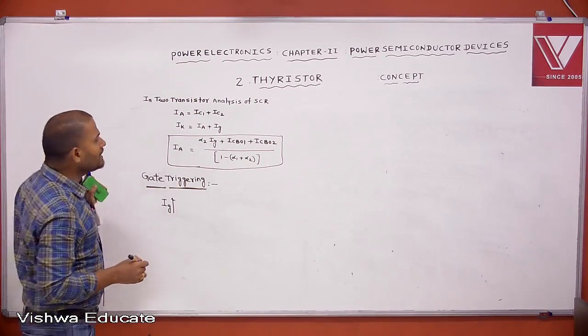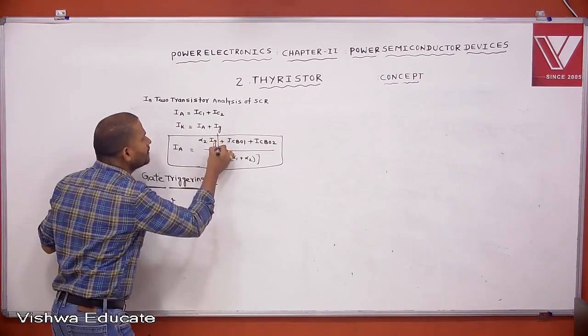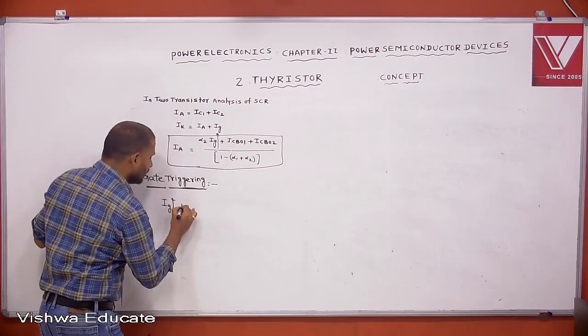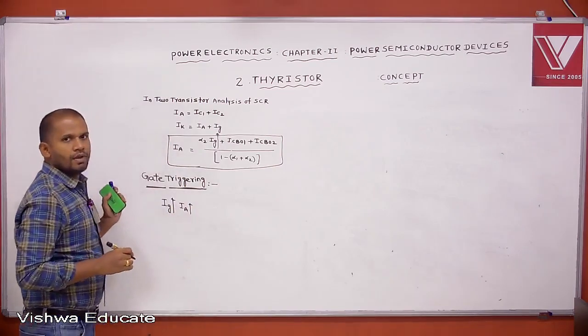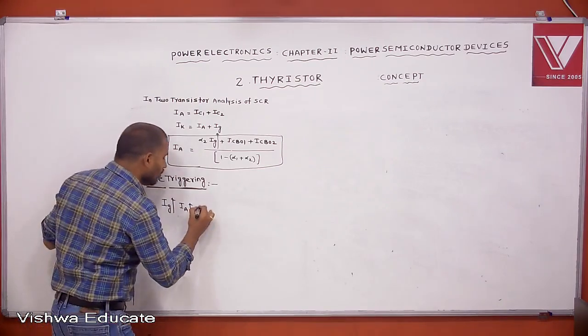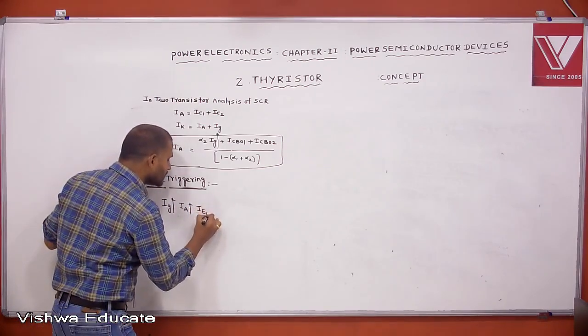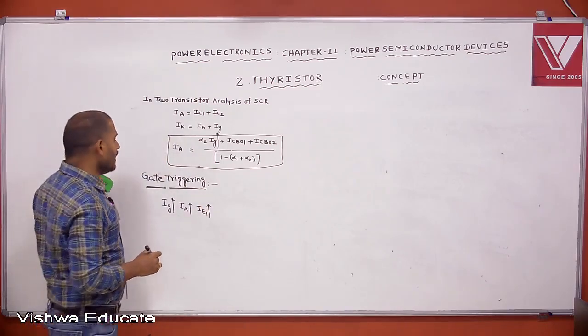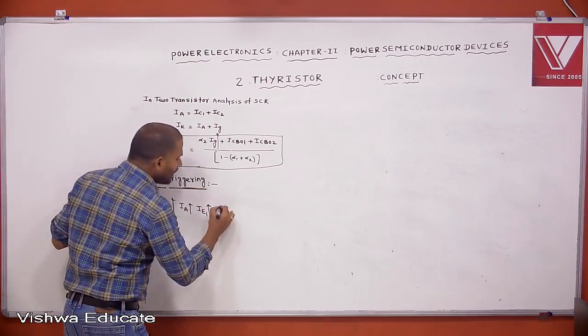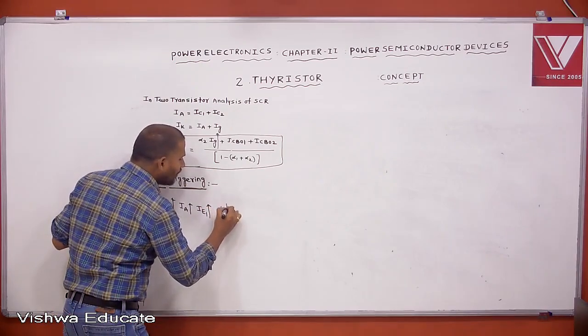If IG is increased, from this equation, what about IA? It increases. If IA increases, what is IE1? It increases, because IA equals IE1. If IE1 increases, alpha 1 also increases.